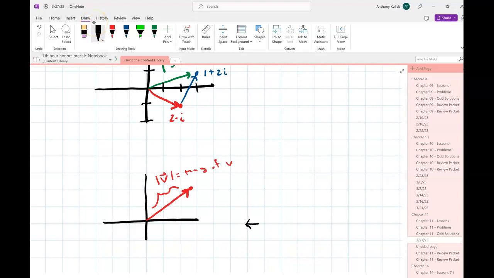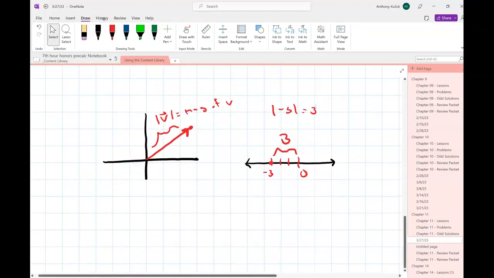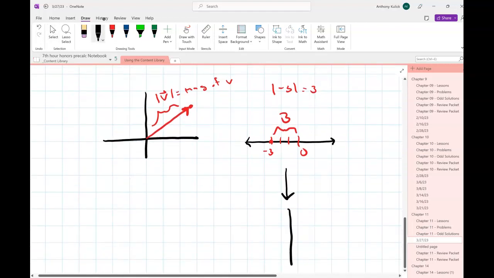Now remember way back in our Algebra 1 class, if I wanted the absolute value of -3, we define that as the distance from the argument to 0 on the number line. Everybody's okay with that? So let's take that and translate it to a complex number.